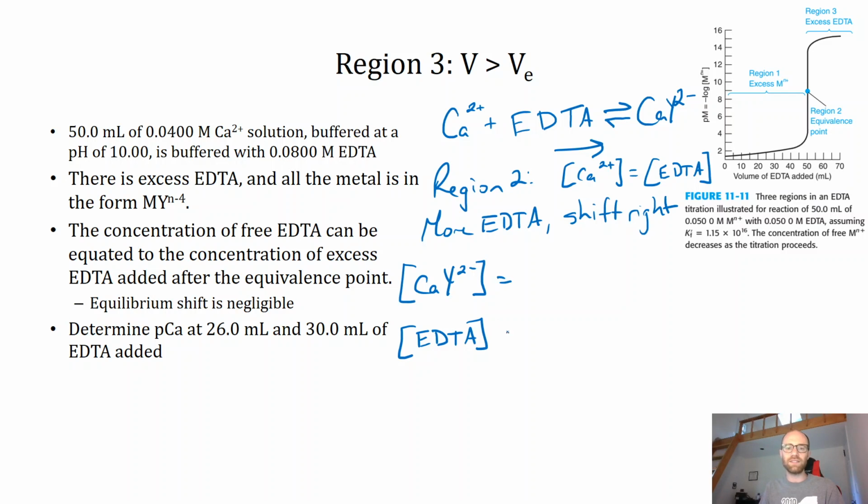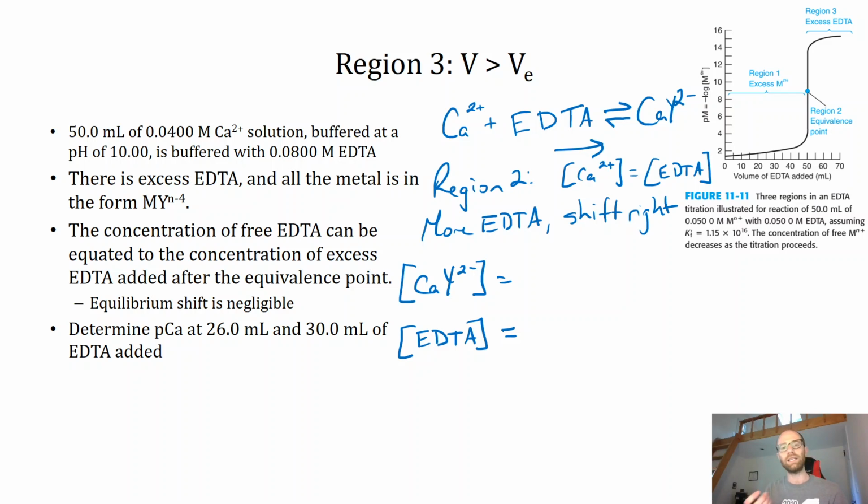In both cases, we're going to look at these as basically a dilution. Since we're going to ignore a lot of equilibrium shift, the amount of bound metal is going to be equal to whatever it was before, but we're just adding more liquid.